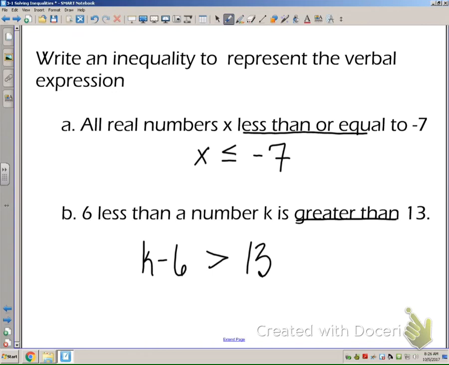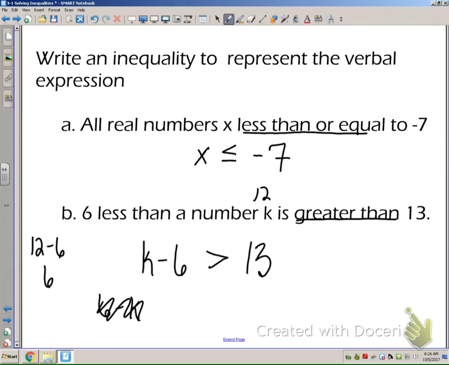And earlier this year we had a lot of trouble with that. People see the 6 less than a number k and they just want to put 6 minus k. But we have to know how many we have to begin with to be able to say that I have 6 fewer than that. And think of it in real terms. Let's say I have 6 less than a number 12. If I say I have 6 less than 12, then I know that I have 12 take away 6, which is 6.